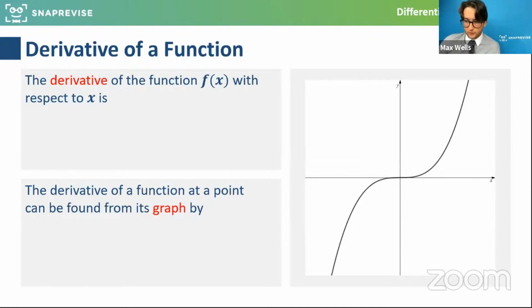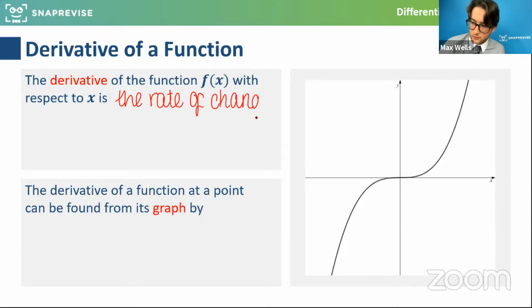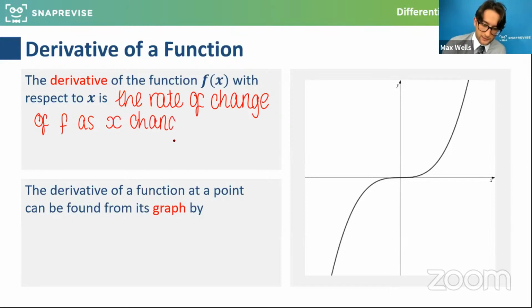So for example, the derivative of the function f of x with respect to x is basically defined as the rate of change of f as x changes. And there's two ways to denote this.